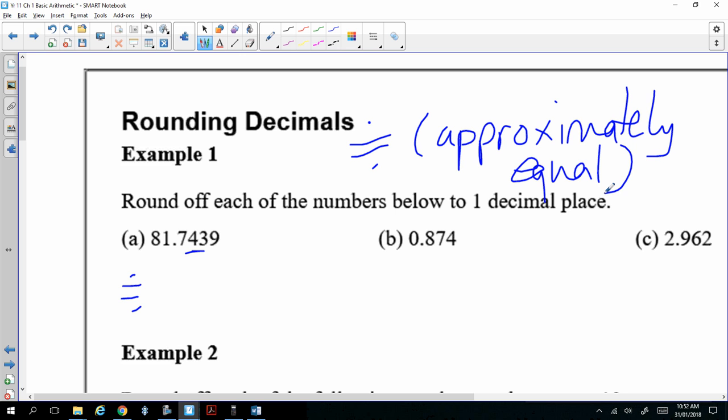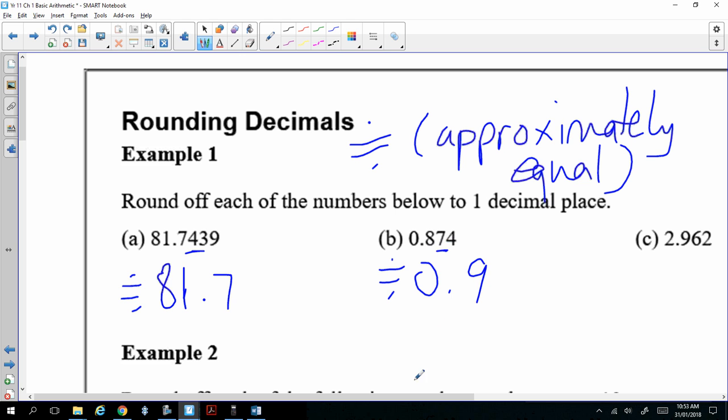So you write 81.7, just 7, because 1 decimal place. Yep. And the next one, 1 decimal place, will be 0. Now, if you look at the second decimal place, it is 7, so it becomes 0.9. Yep.